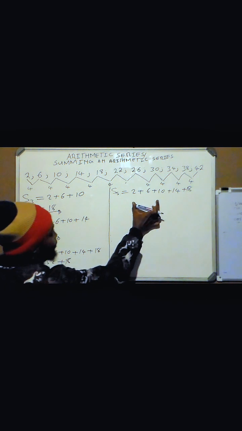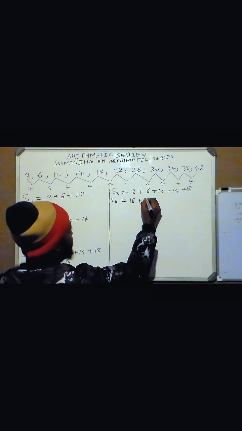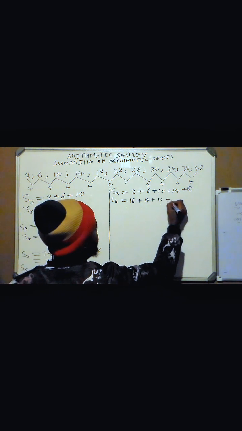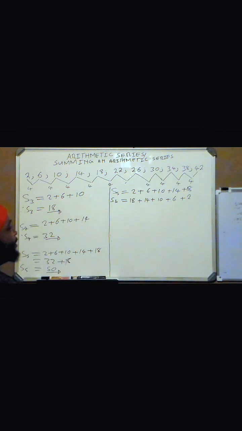And then I write this expression in reverse order. This will be S5 equals 18 plus 14 plus 10 plus 6 plus 2, right?